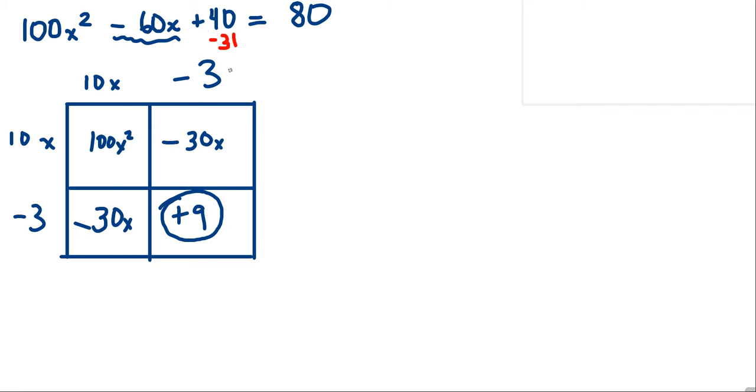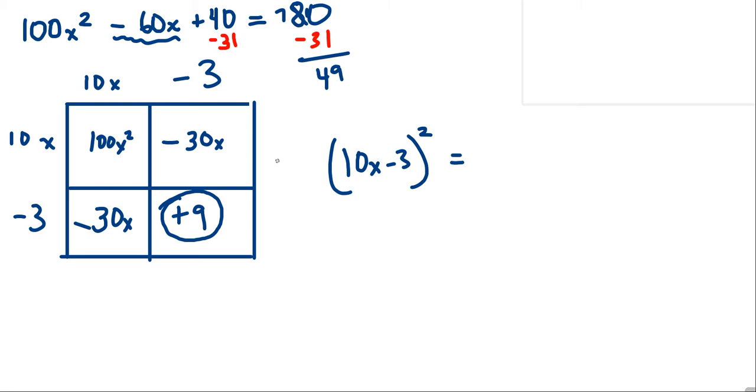That will give us 9. So we've established now that we have a perfect square of 10x minus 3 squared, and it equals 80 take away 31. I'm going to do some old school: take away, 7, 10, 9. 7 minus 3 is 4. 49.